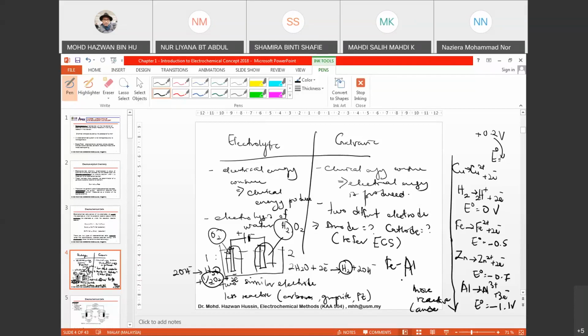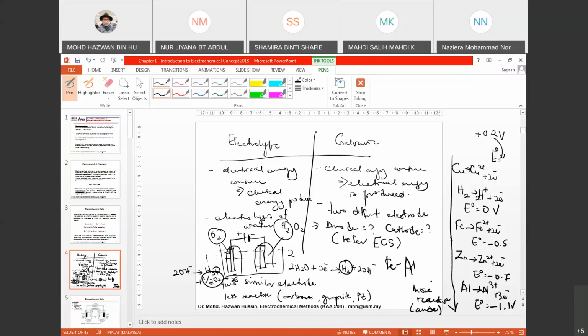Based on the definition, aluminum will be? Victor says it depends on ECL, the standard potential of the cell. Okay, yeah, we have to refer to the potential.